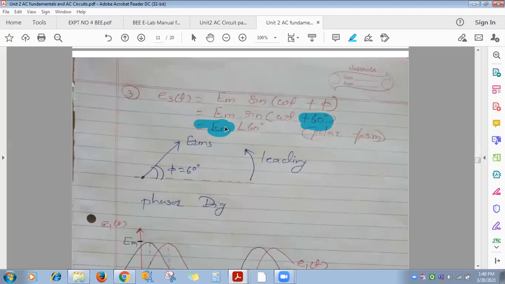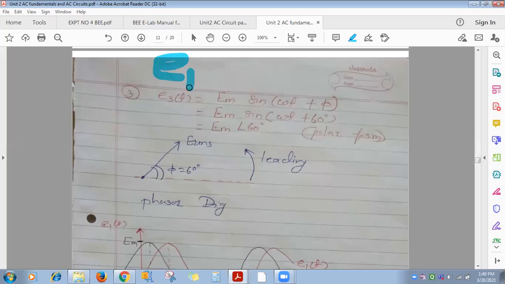In graphics, you measure a positive angle with reference to the x-axis in the anti-clockwise direction. So here, plus 60 degree, that phasor, suppose it is of 2 centimeter, is at an angle of 60 degree in anti-clockwise direction.